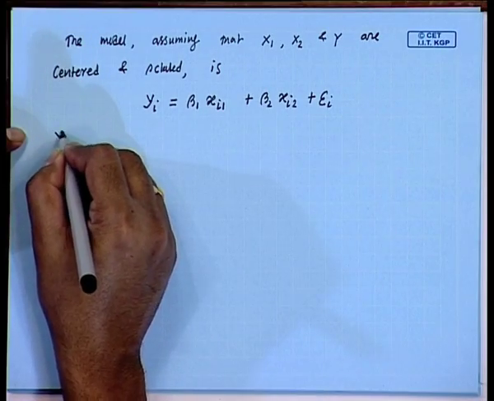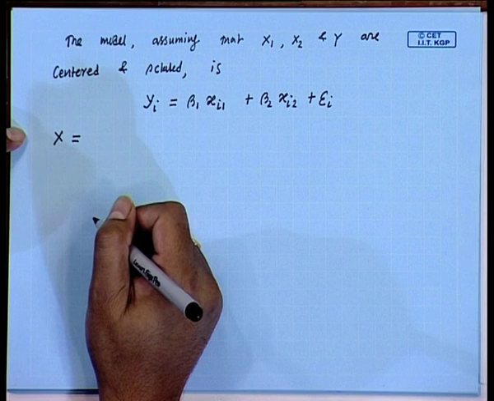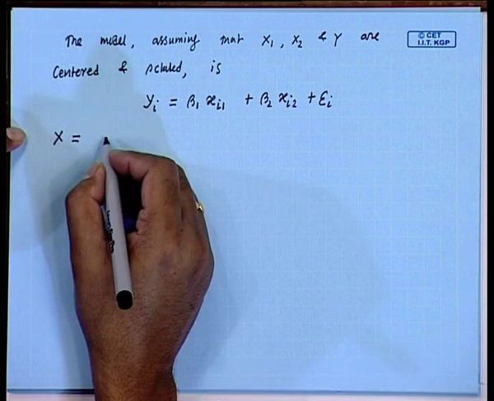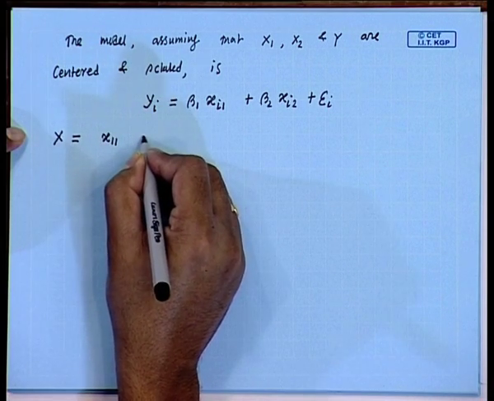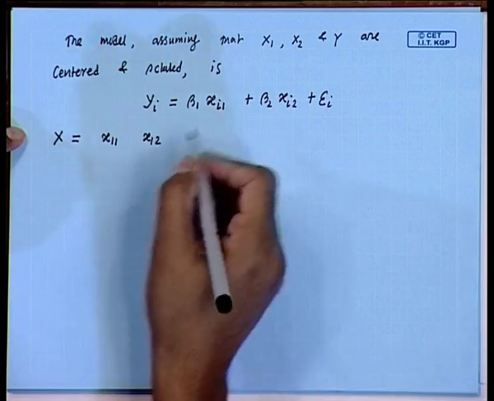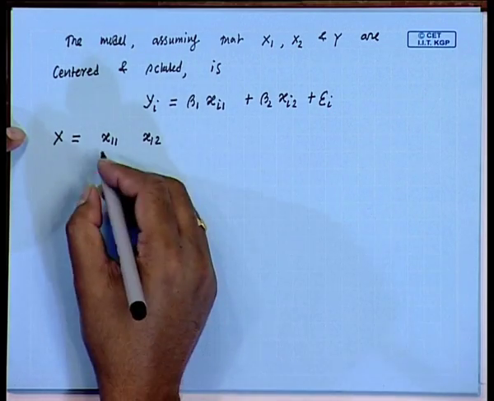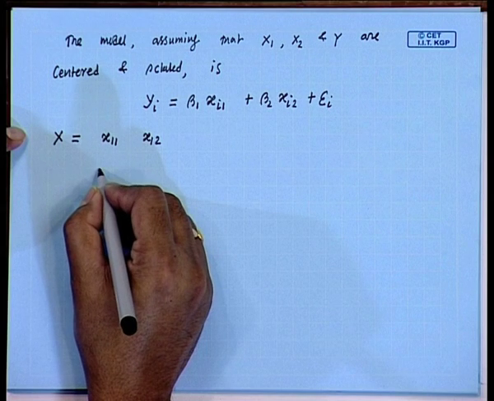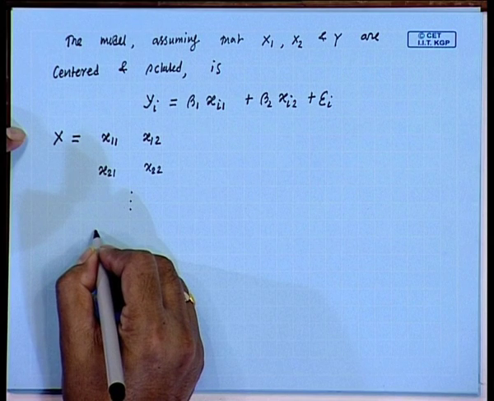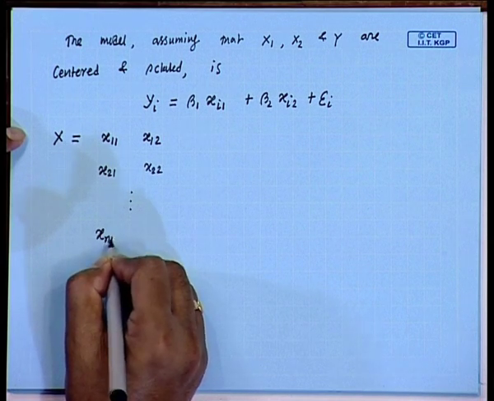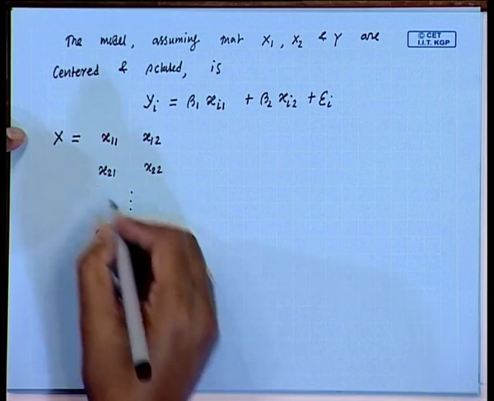Well, so next we will write down the X matrix for this model. The X matrix is equal to, basically, x11, x12, I am writing small, that means this is for the transformed data, x21, x22, and xn1, xn2.